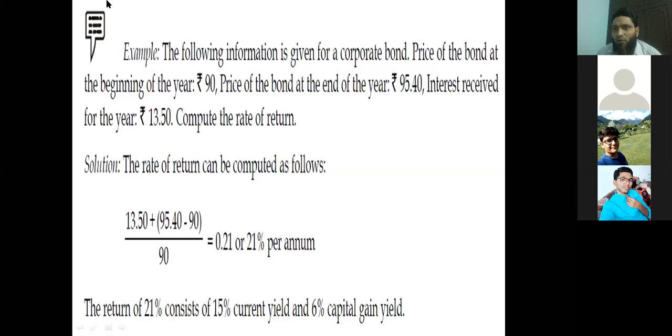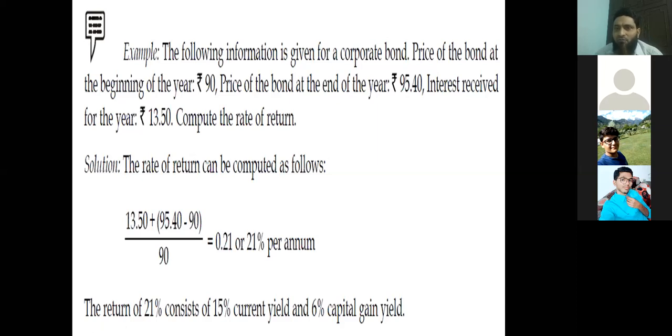So 90 will be your investment, and you will write 90 as the denominator. On this 90, how much return are you likely to get? Suppose 13.5% interest, which is well known in the beginning. So 13.5 is your return.